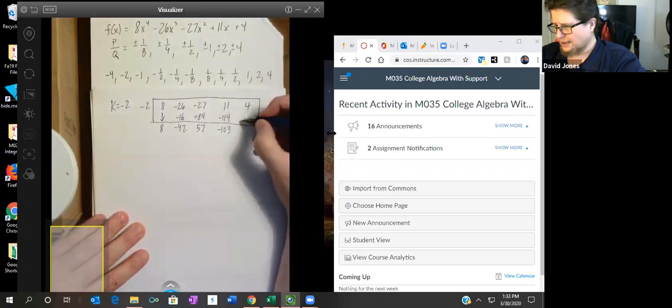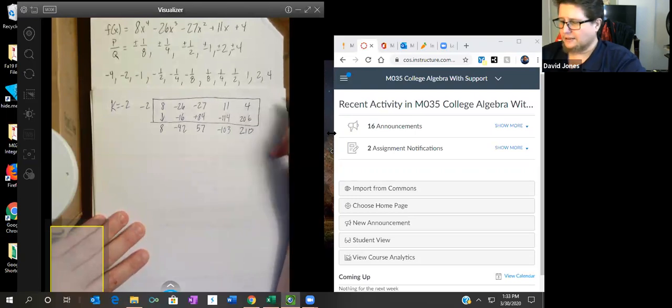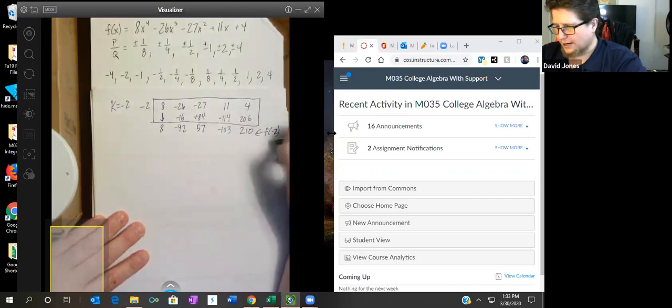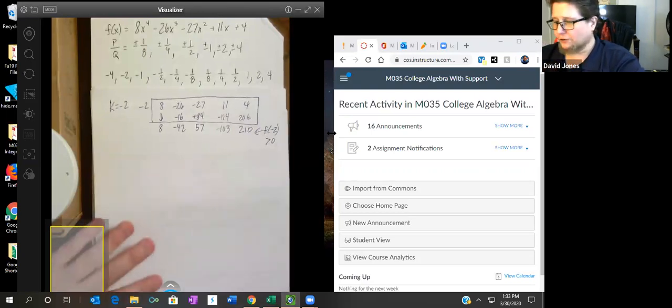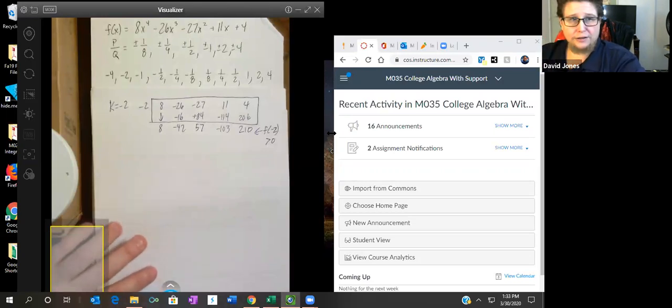This is +206, which gives us 210. So f of -2 is greater than 0. If I find another negative root that's negative, then maybe the one between it works. So rather than trying -1, I'll jump to -1/2.